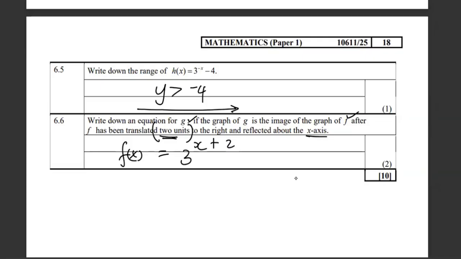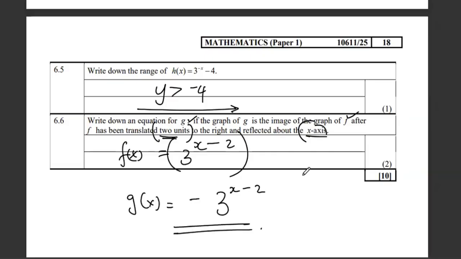No, not plus. When you are moving to the right, it has to be a minus, okay? Then when you reflect about the x-axis, this entire thing becomes negative, meaning that our graph of g is going to be -3 to the x minus 2. All right, so that is how question 6 would have been answered.